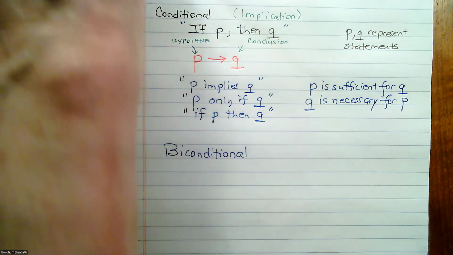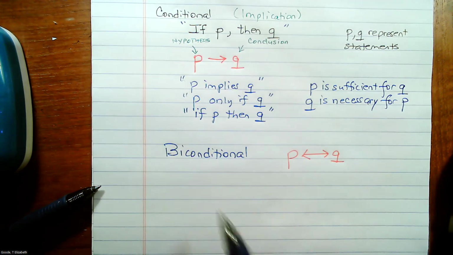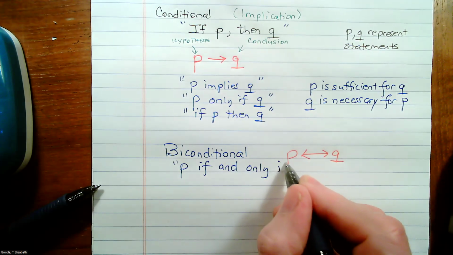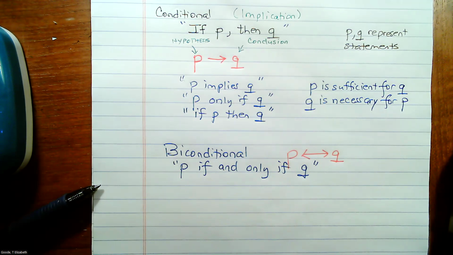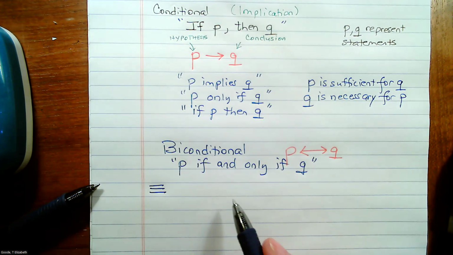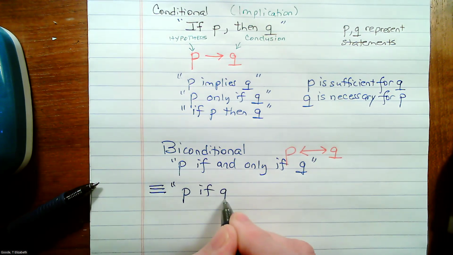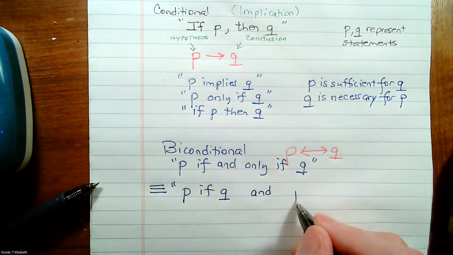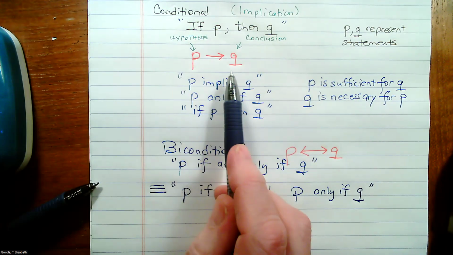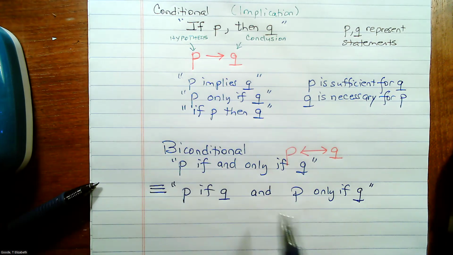And it's kind of interesting when we look at the biconditional, which is the if and only if. Well, that's just shorthand for a slightly more involved statement with the same meaning, of course, because it's just shorthand. P if Q and P only if Q. It's the same thing as saying that the implication, if P then Q, is true, and its converse, if Q then P, is also true.